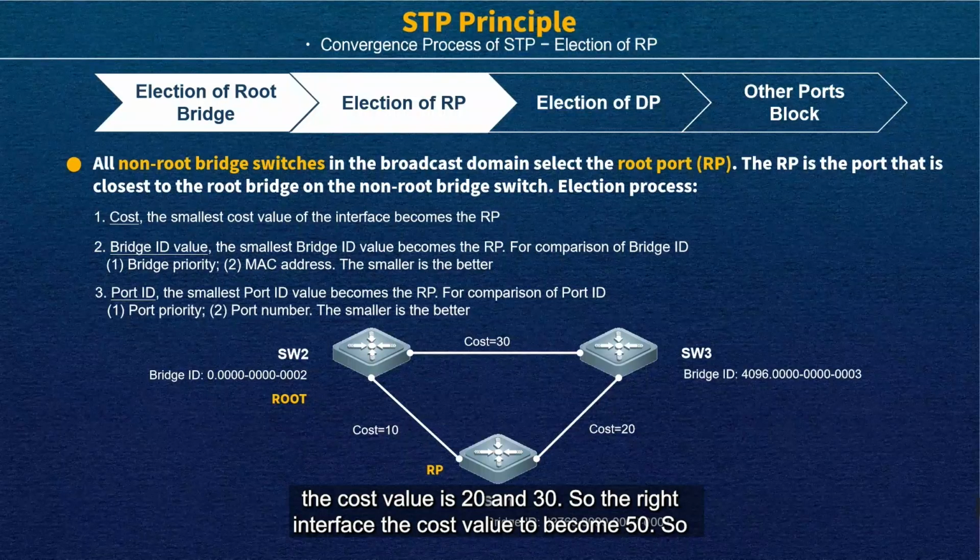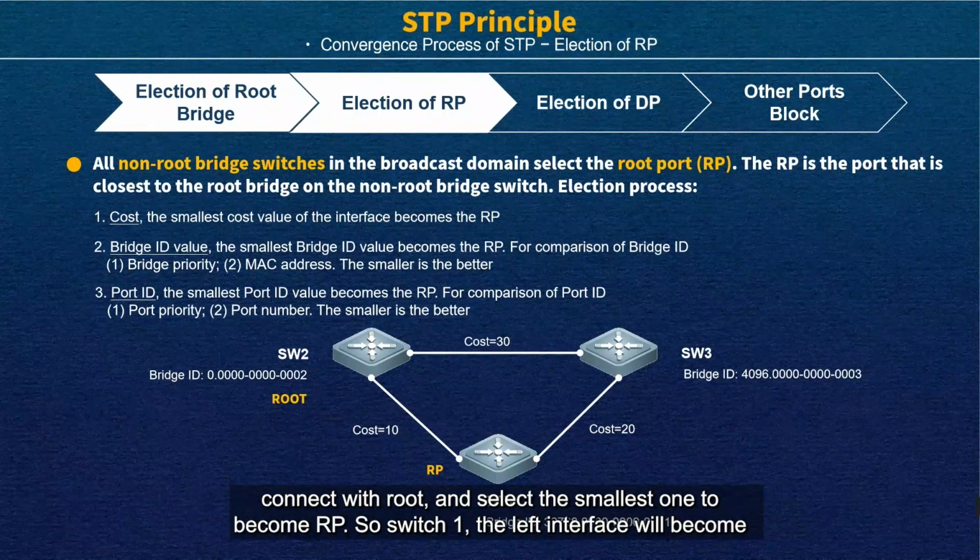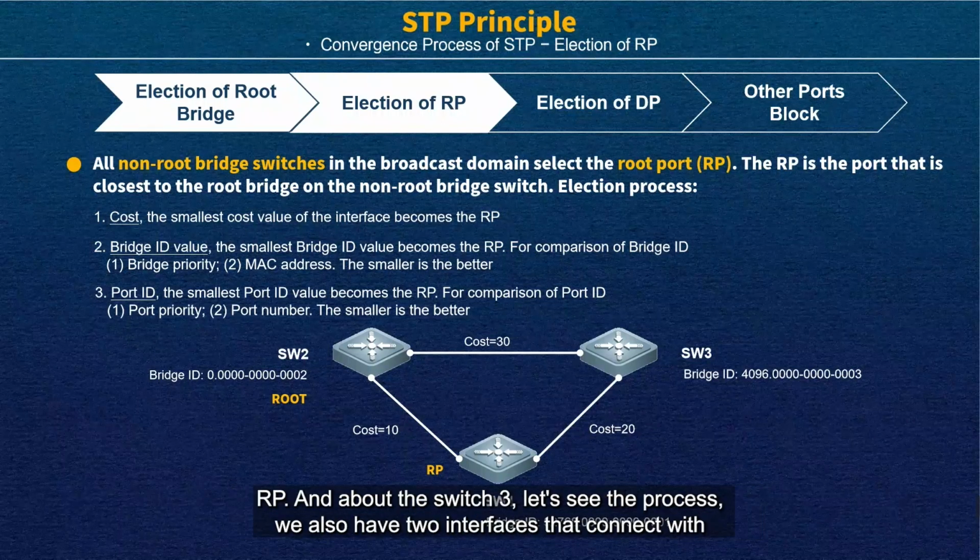So the right interface, the cost value becomes 50. So we select the left one to become RP. So pay attention please, we have to add all the links to connect with the root and select the smallest one to become RP. So switch 1, the left one will become RP.